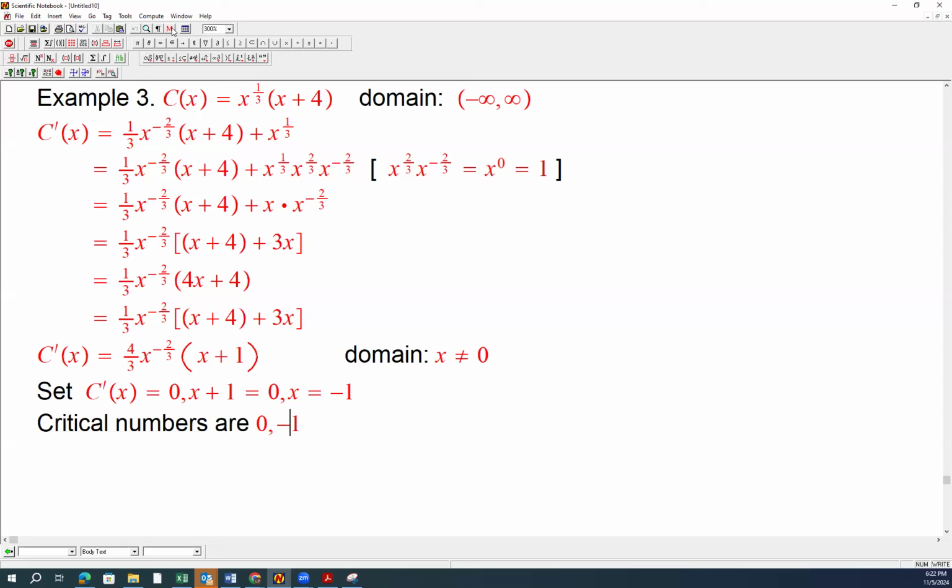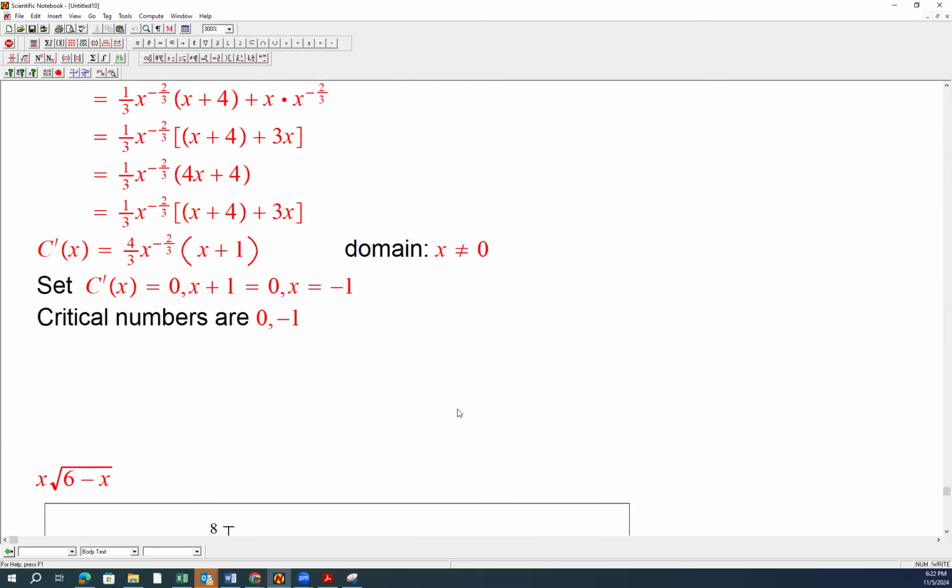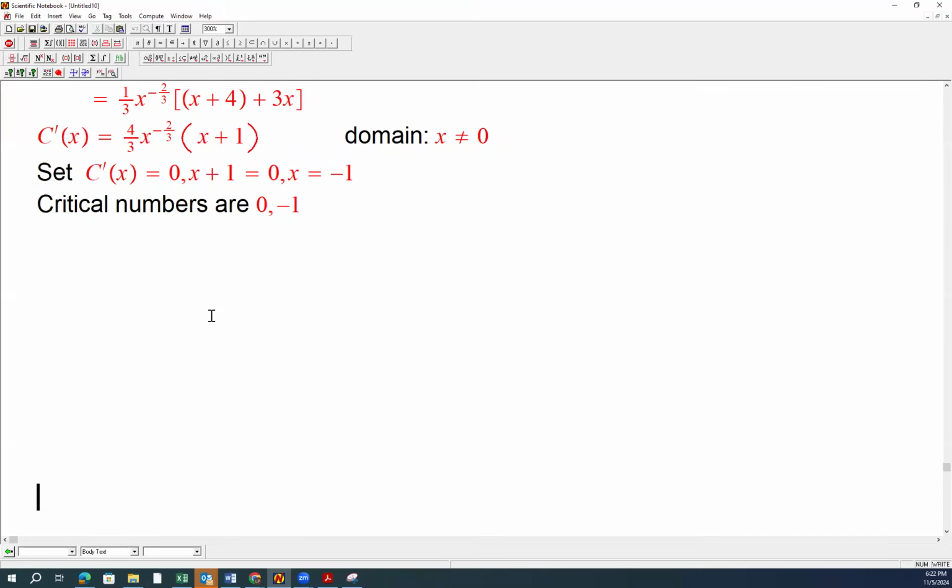All right. So next, the first derivative test. Remember here it's just looking for max, min.